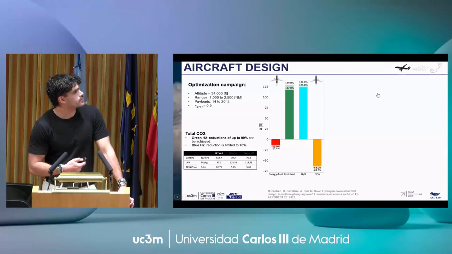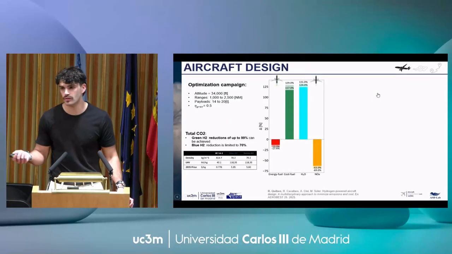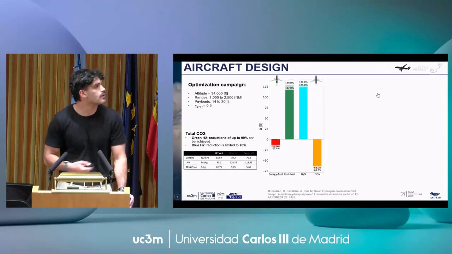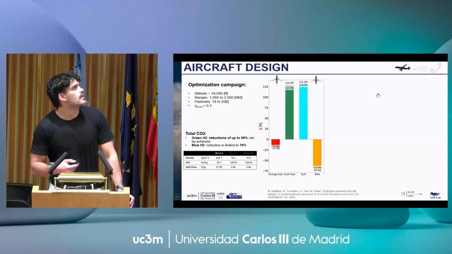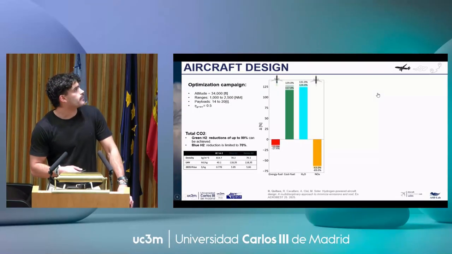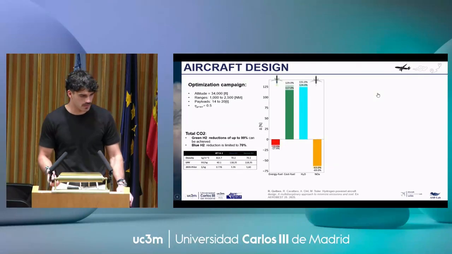Basically, to explain the results: obviously, for carbon dioxide, we can achieve up to a 99% reduction in operational emissions, and in total, accounting for both operational and manufacturing emissions, up to 70%, depending on the manufacturing process of the hydrogen itself.